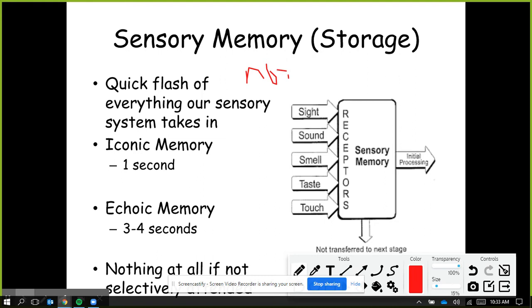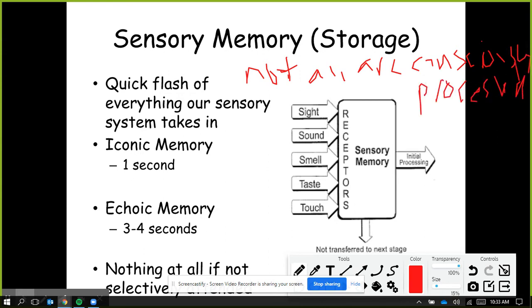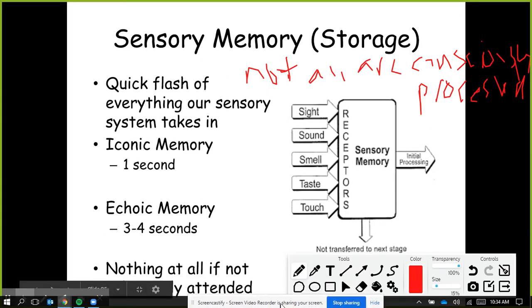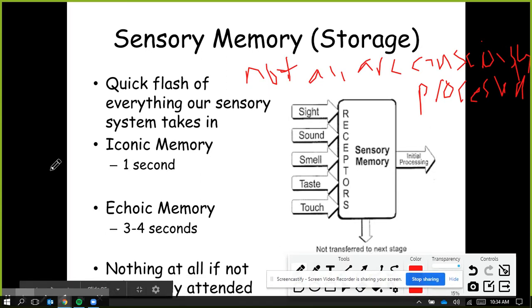but not all are consciously processed. But the purpose of sensory memory, and again, this is a split-second thing, and we don't even form most information into memories unless we selectively attend to it.